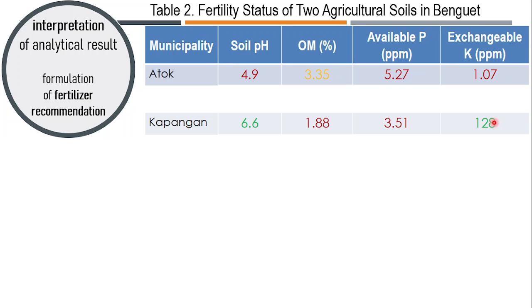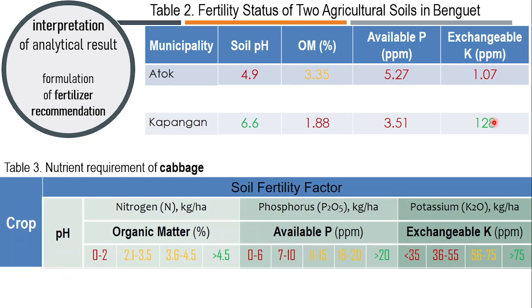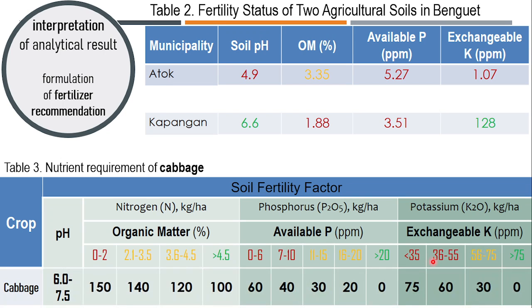To answer this, let us look at the nutrient requirement of cabbage. We have here the pH, the organic matter, available P, and exchangeable K. There are more numbers here. What could these numbers mean?